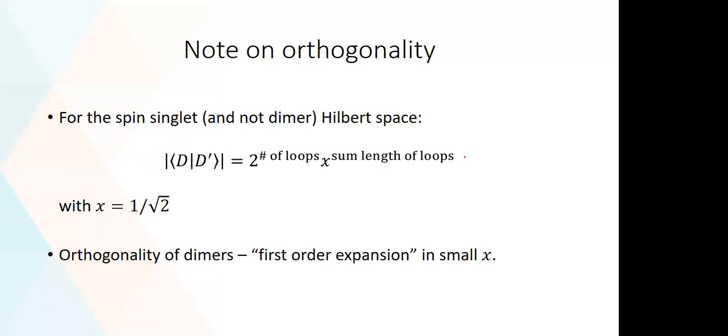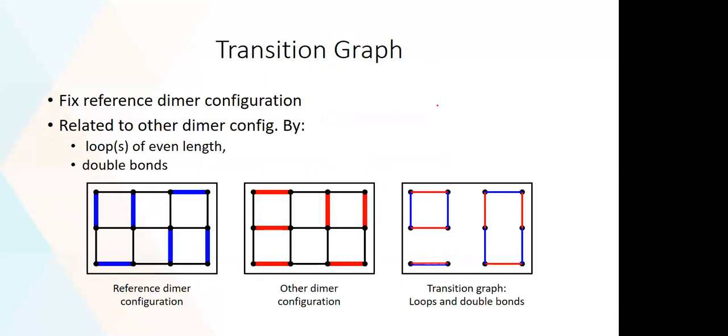But loops in what? So this is again in the transition graph. For example, here, if I compare these two dimer configurations, we have 2 loops. So it's 2 to the power of 2 times x to the power of 4 plus 6.